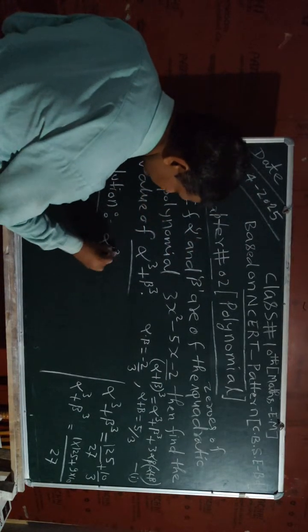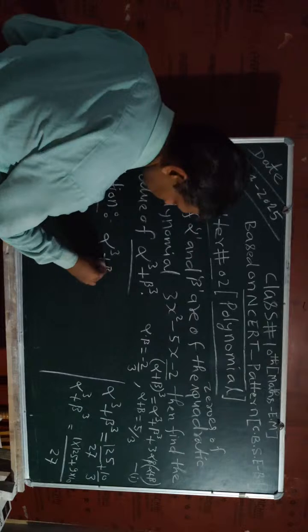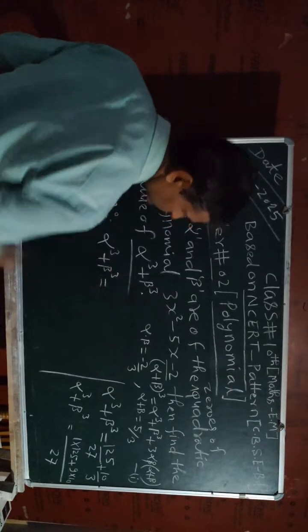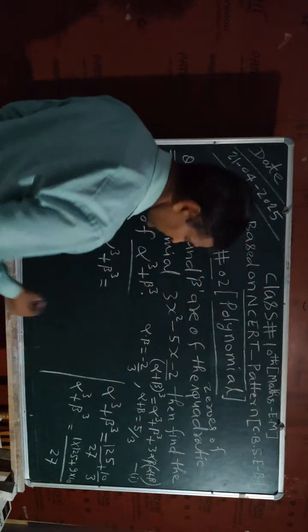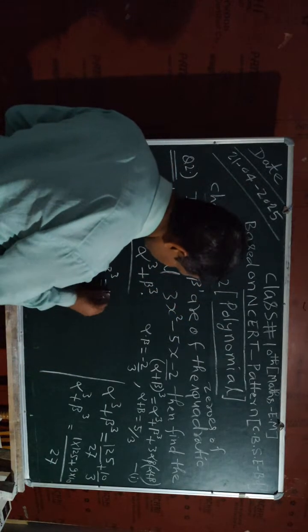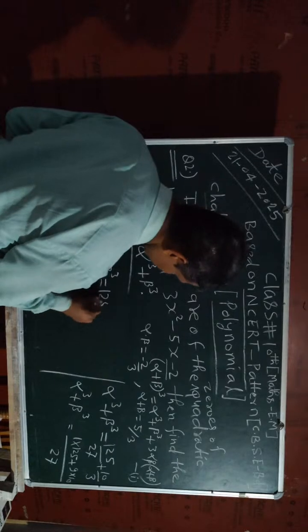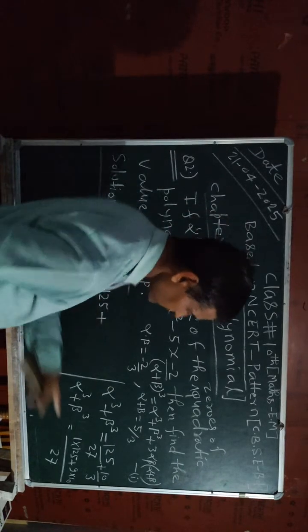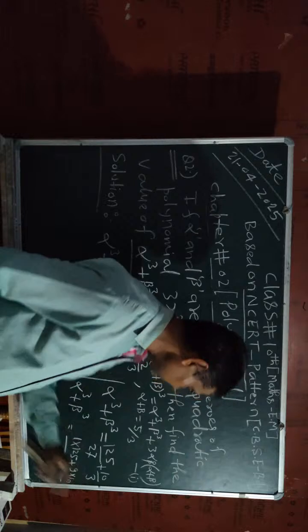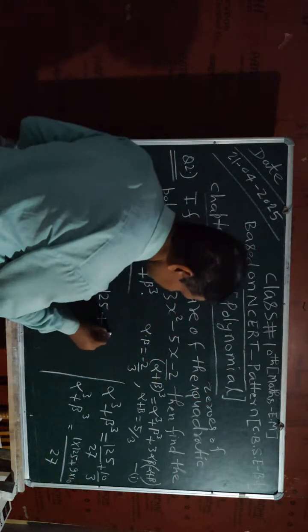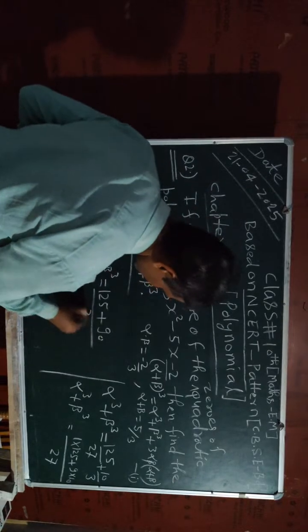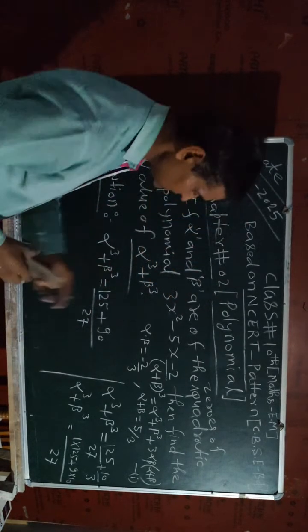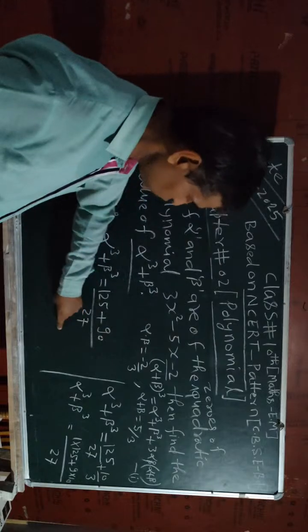So that multiplication I am going to write here. Alpha cube plus beta cube, which is equal to 125 multiplied by 1, that will be the same number, 125. Now here I will multiply 9 into 10, that will be 90, divided by 27. Now this is the numerator value and this is the denominator value.